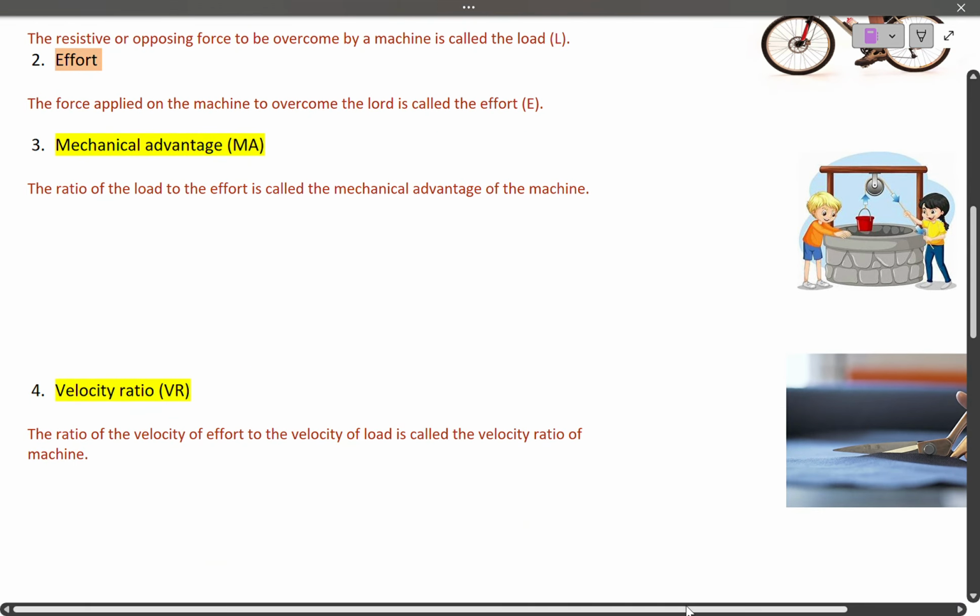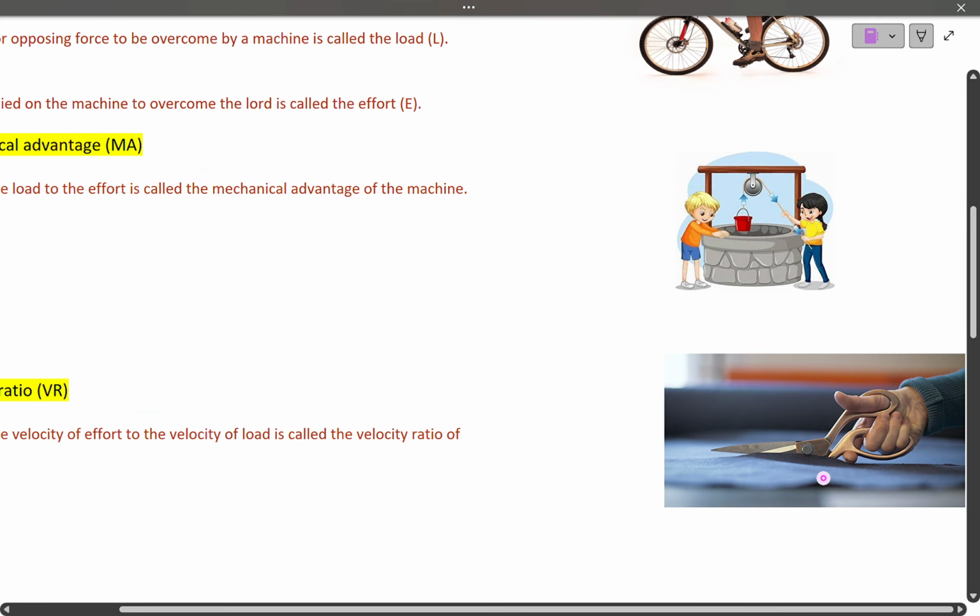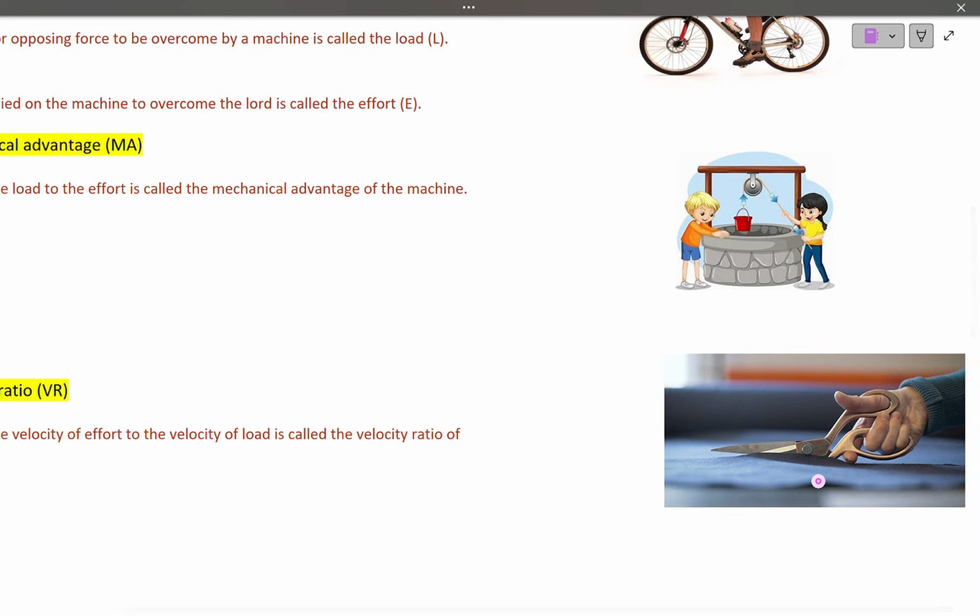You can see here on the right side a pair of scissors cutting a cloth. So its blade moves longer on the cloth. So here is the point where we are applying the effort, and this is the part that cuts the cloth, or we can say these are the blades.